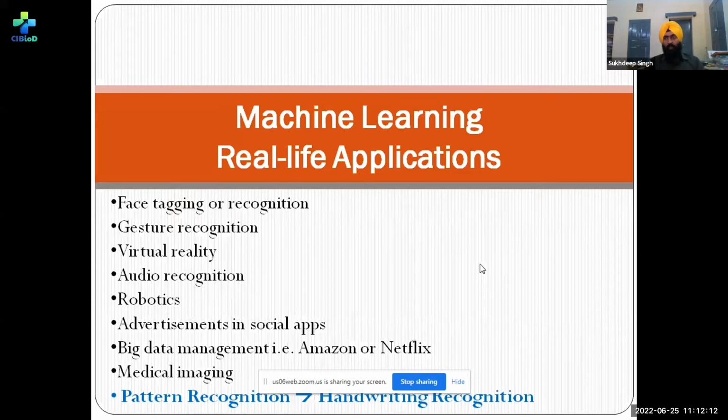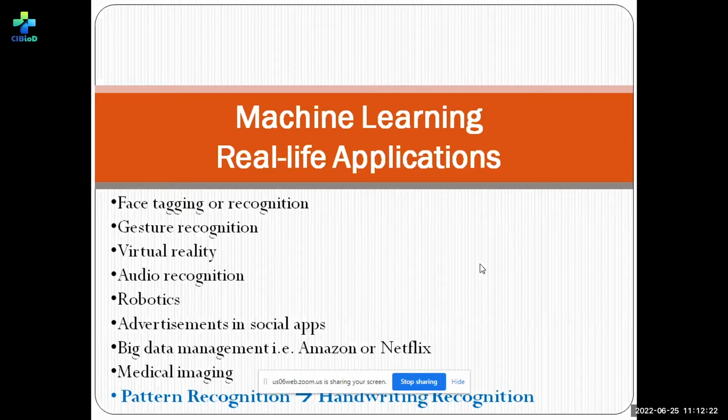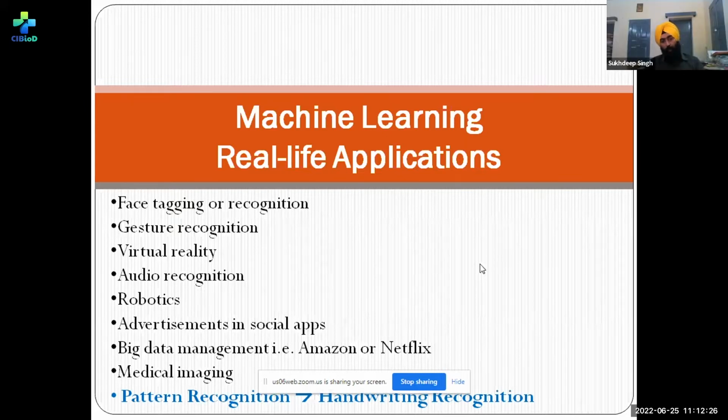Then speech recognition: again, there is no need of a translator when we are using machine learning for speech recognition. For example, someone is speaking in Hindi or Punjabi, and that language can be understood by our system, and our system can further translate it to the required language.